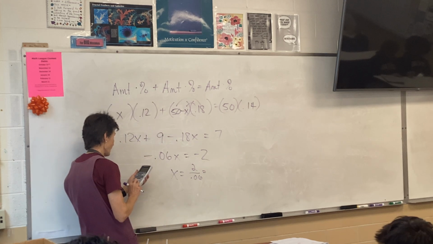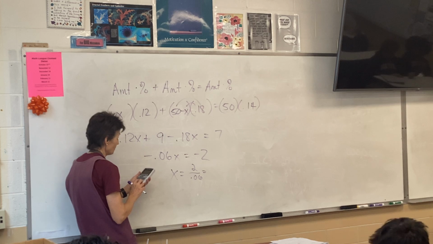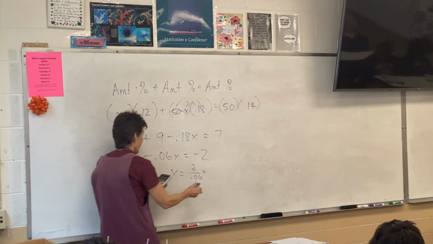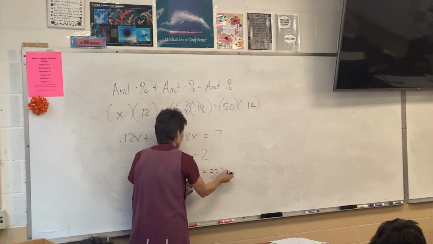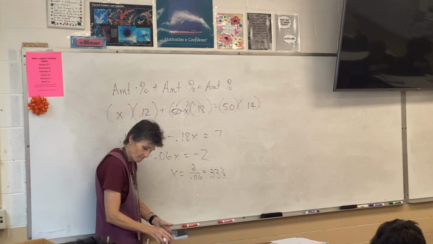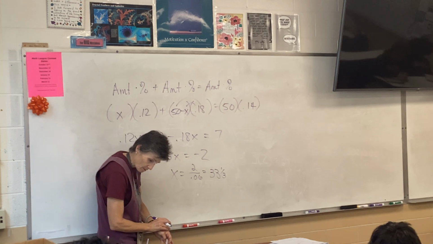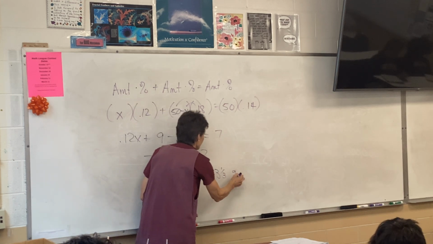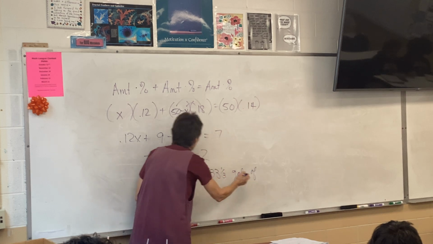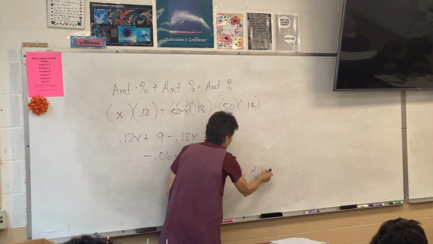So I got 2 divided by 0.06. I got 33 1/3 gallons of 12%.